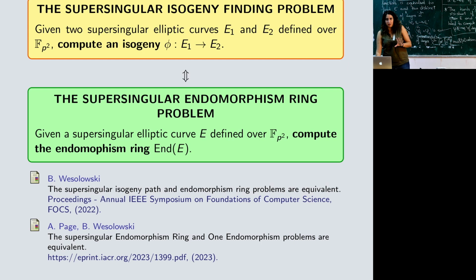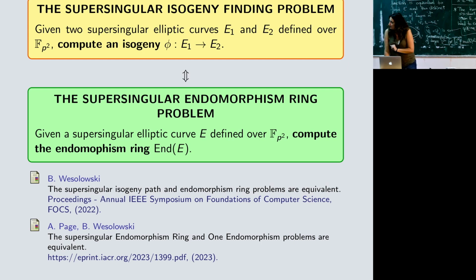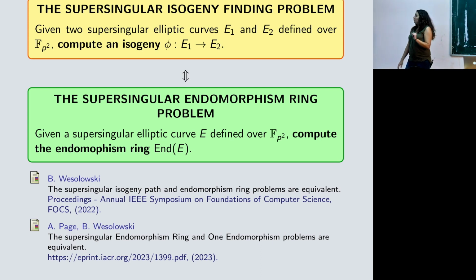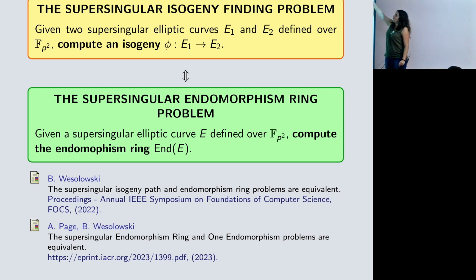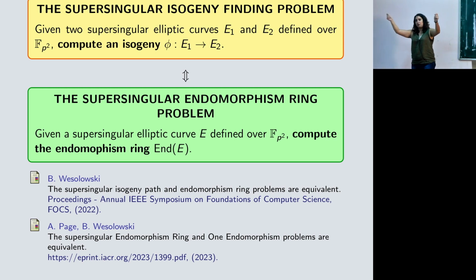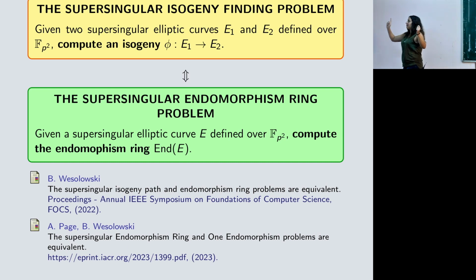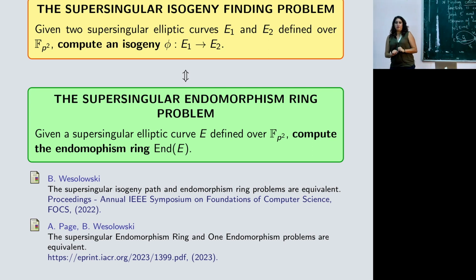This problem is very important in isogeny-based cryptography, because you remember the supersingular isogeny finding problem that we introduced on the first day, which was: I give you 2 supersingular elliptic curves, and you want to find an isogeny. This is not trivial to show, but this problem is equivalent to the problem of computing the endomorphism ring of a curve.